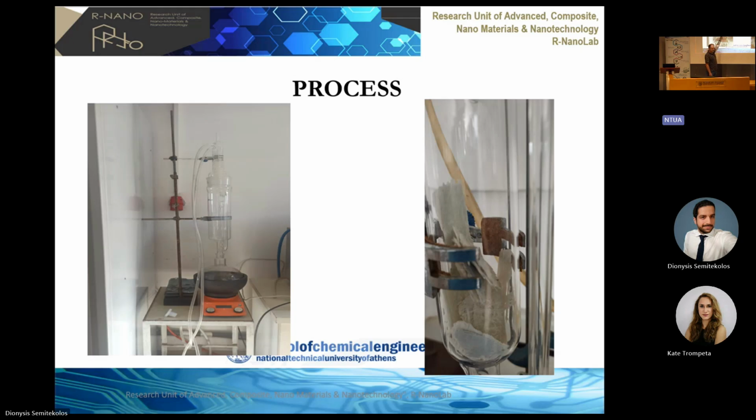What happens is that this solvent boils, goes through here to the cooling, and then as a vapor is brought down below boiling temperature, it forms droplets that appear inside the vessel. When the level of the solvent reaches this point, you have reflux, and it returns back to the boiling vessel here.